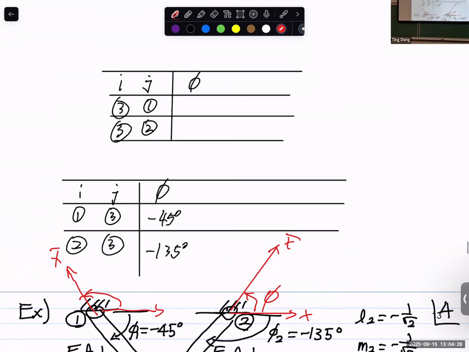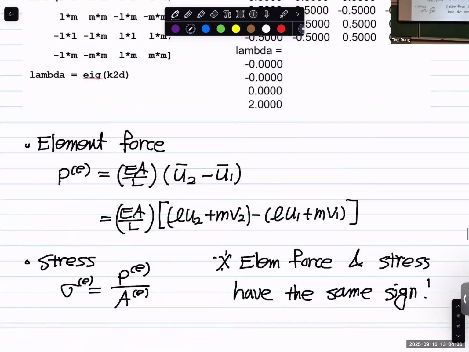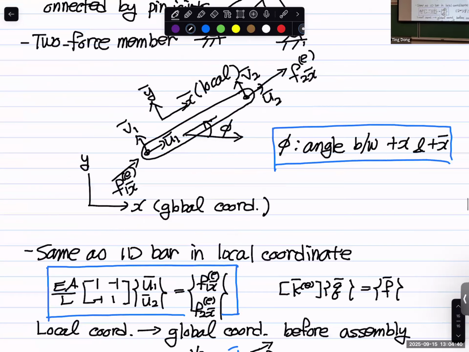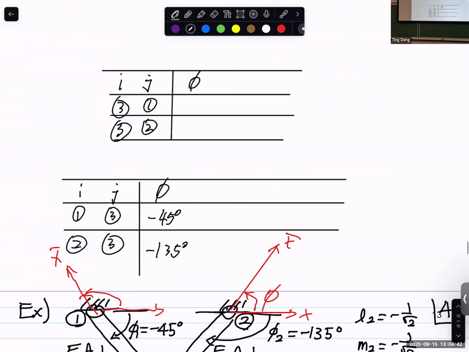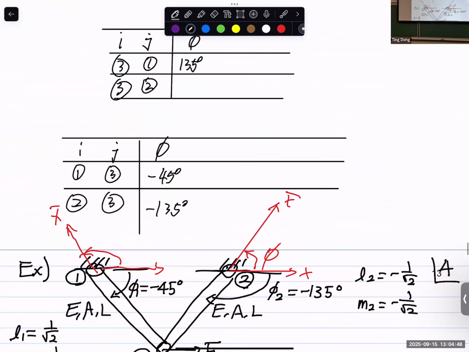Let's put the angle here. For the first element, I think the definition is from the global x to the local x, so the first one should be 135, and the second one should be 45 degrees.